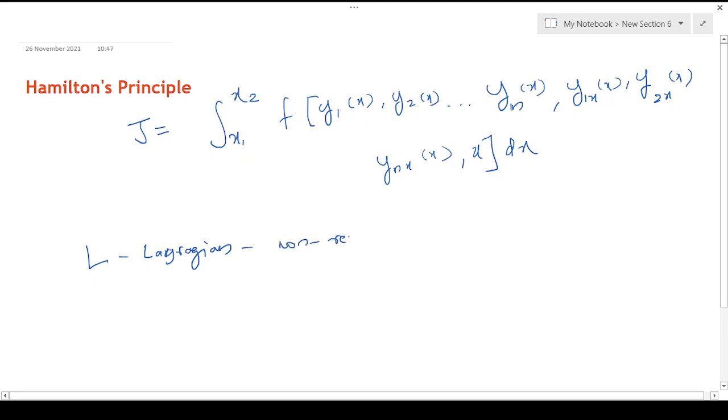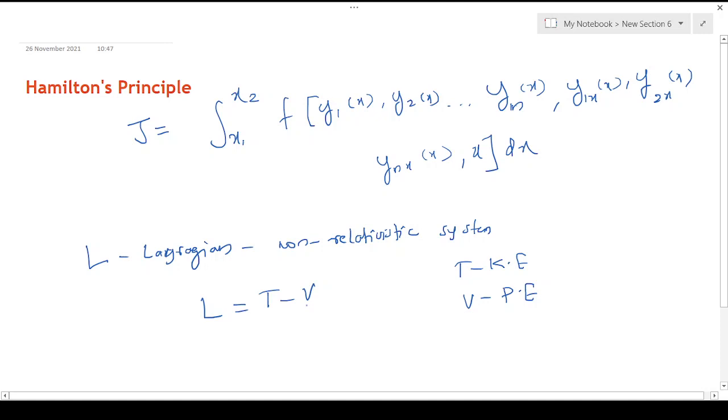The Lagrangian is L equal to T minus V, where T is the kinetic energy and V is the potential energy. So it is the difference between the kinetic energy and potential energy of a particular system.